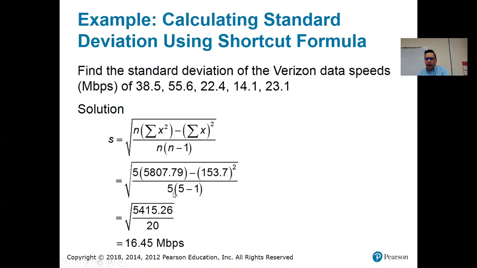So in this example, that's 5 times 5 minus 1. The 5,415.26 divided by 20, that's going to give you that 270 number, which is the variance. And then when you take the square root of the variance, you get the standard deviation.